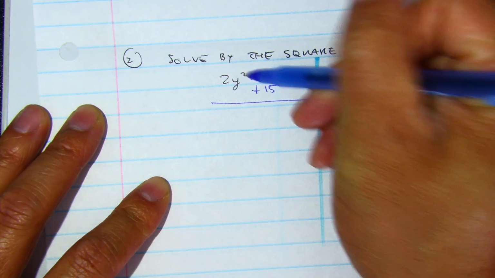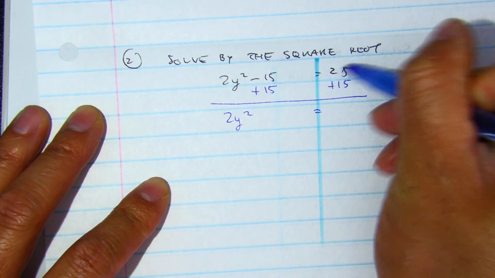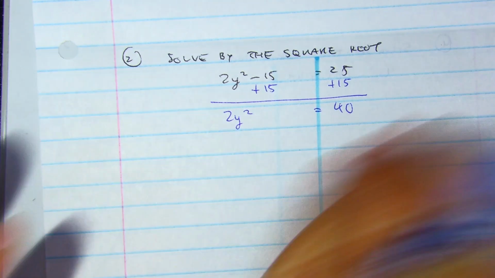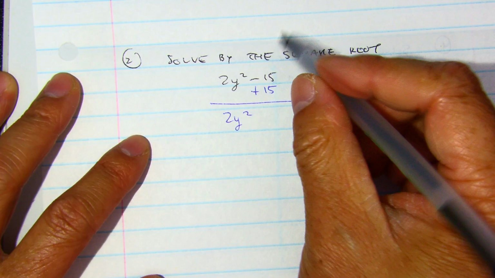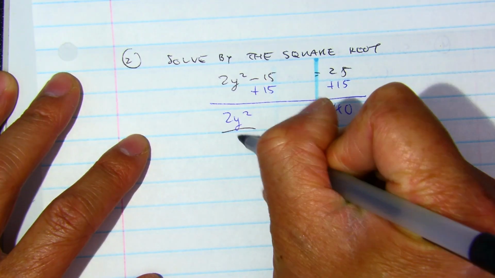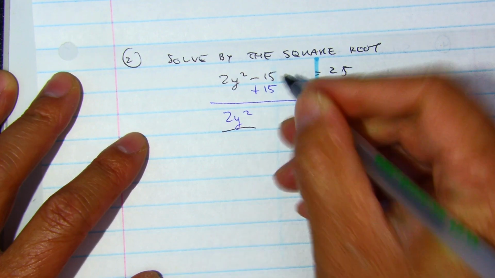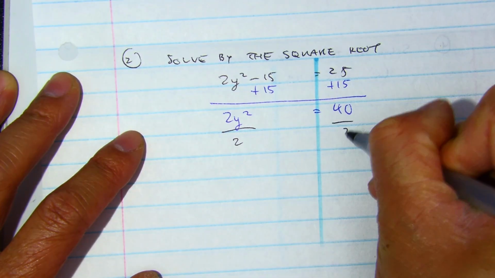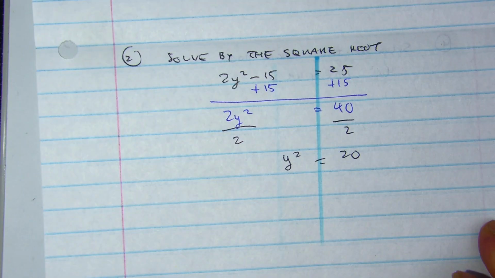I get 2y squared on one side and 40 on the other. The variable and the power of 2 are not isolated, so we divide by 2 on both sides and I get y squared equals 20.